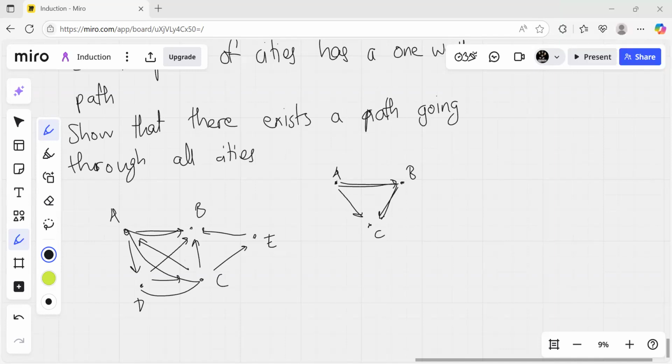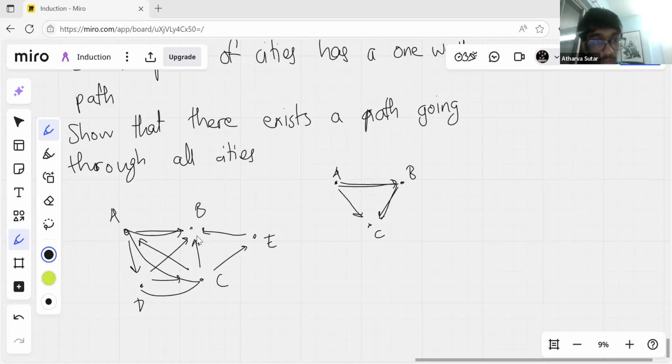E would be the starting point in that case. B cannot be the starting point, right? There is nothing, no path going outwards from B. Oh, E would be the starting point. Yeah, but then again, if you're going from E to B, how would you construct the path then?